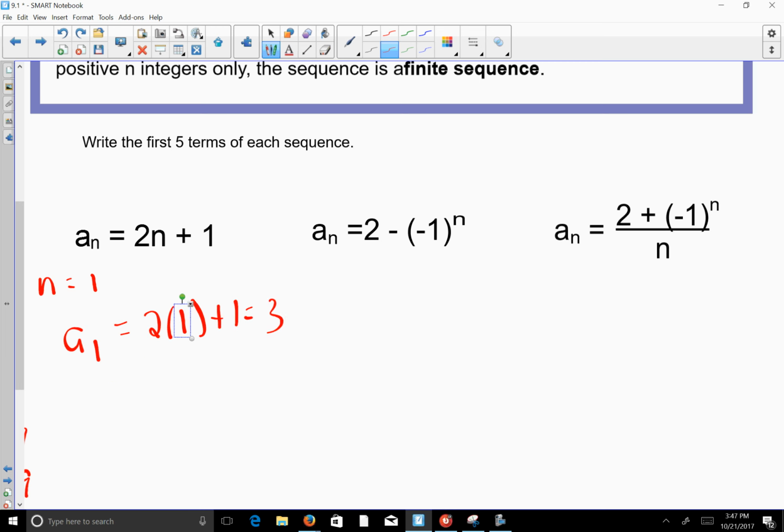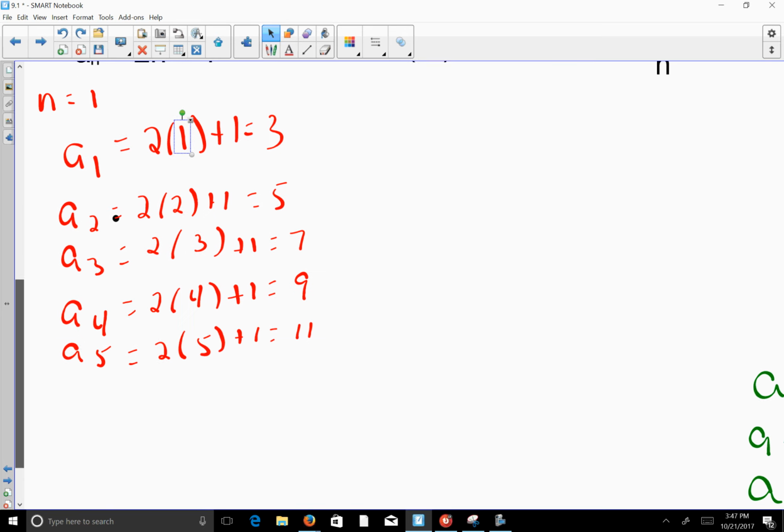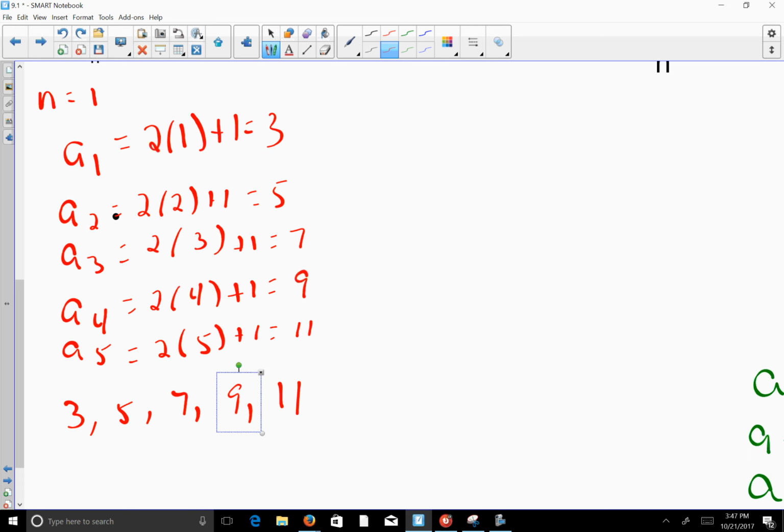So the first term of my sequence is 3. I'm going to continue that pattern, substituting in 2, 3, 4. And when I do that, and here's all the work, I get 3, 5, 7, 9, 11. So when I write my final answer, I'm just going to write the sequence by listing out the numbers 3, 5, 7, 9, and 11.